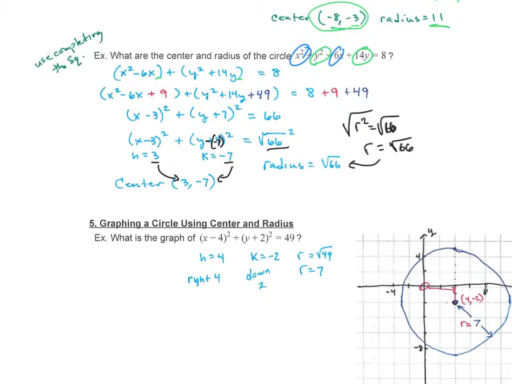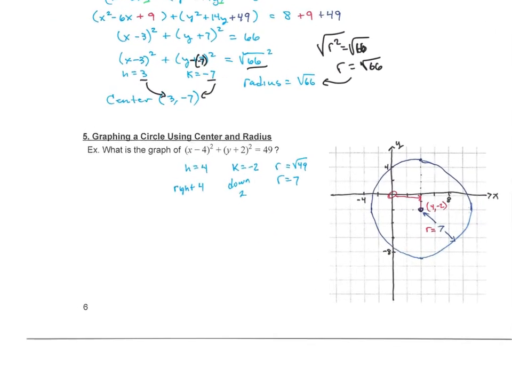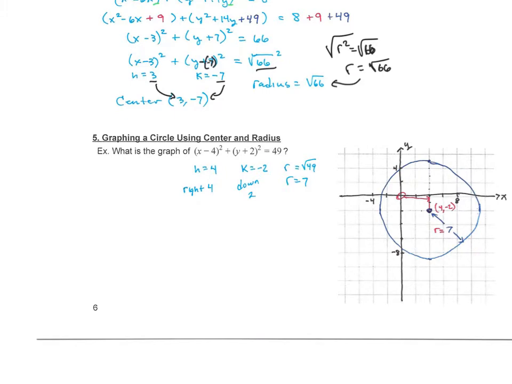And then finally, our last example is going to be graphing the circle, and I know how much you guys love to graph. Graphing a circle using the radius. We know that the standard form of an equation is x minus h squared plus y minus k squared equals r squared.